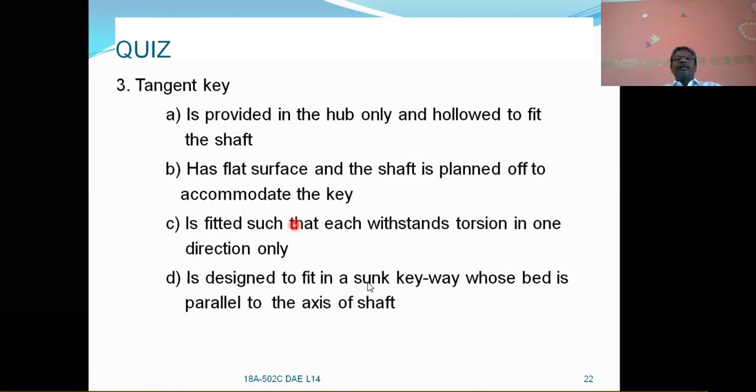Which is the right answer? Tangent keys are generally provided in pairs. It is used for heavy duty works.